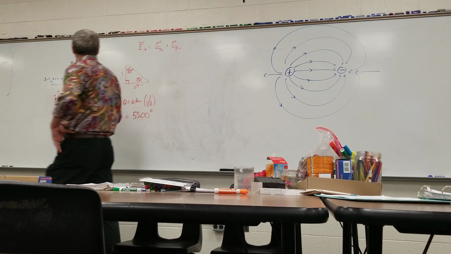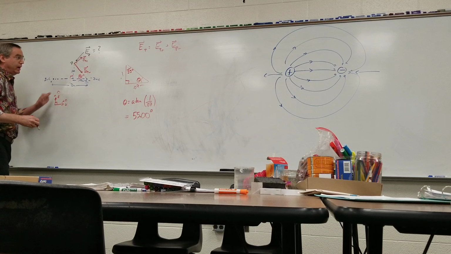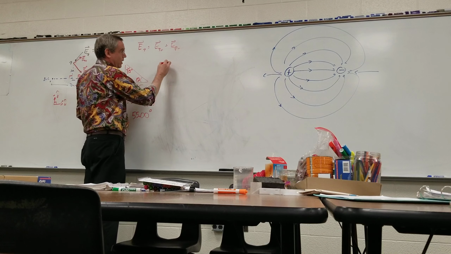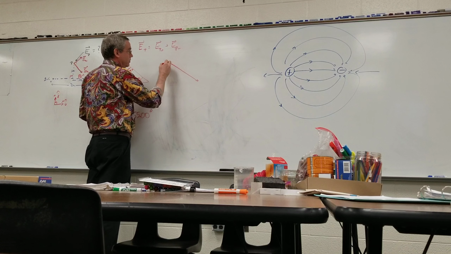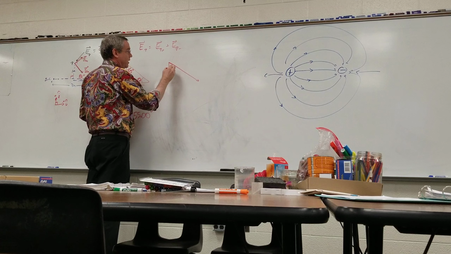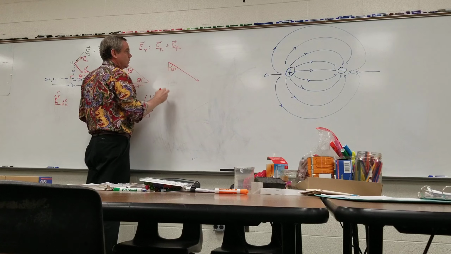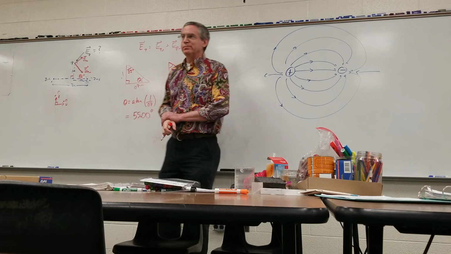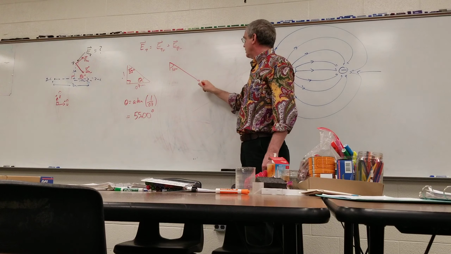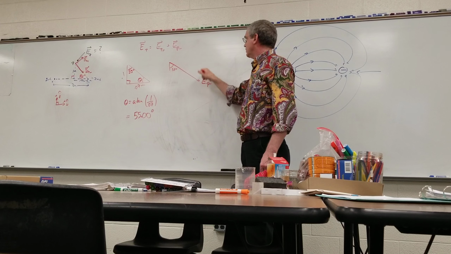All right, so I now have this vector here, at an angle of 35 degrees. This is our EP minus.